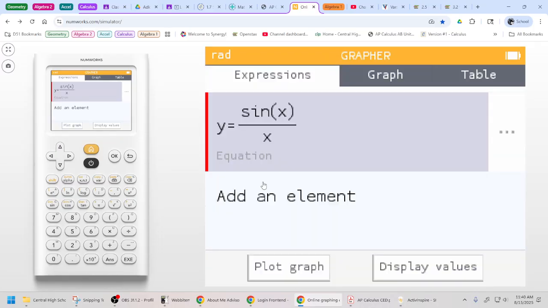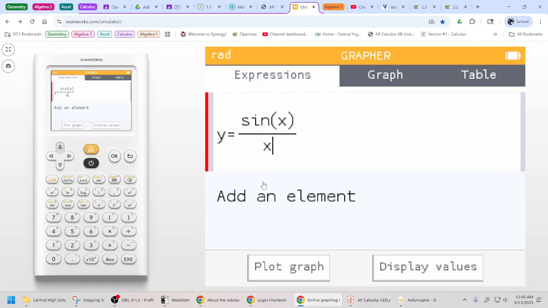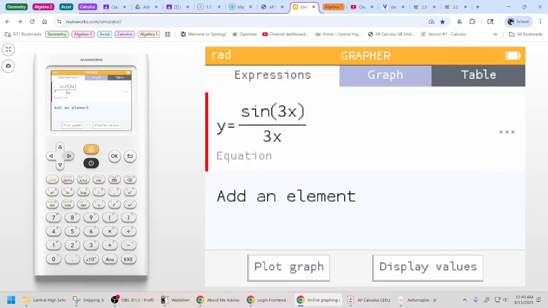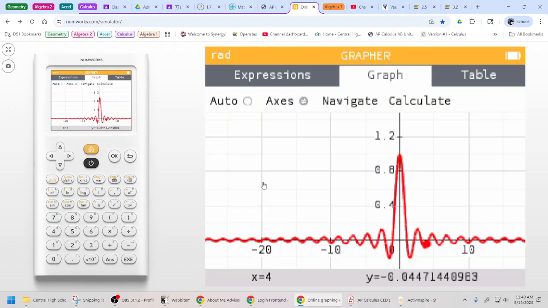if I add a 3 in here, see how the graph is the exact same limit at 0. I mean, you can see it's got a shorter period here, but the limit at 0 is still 1.